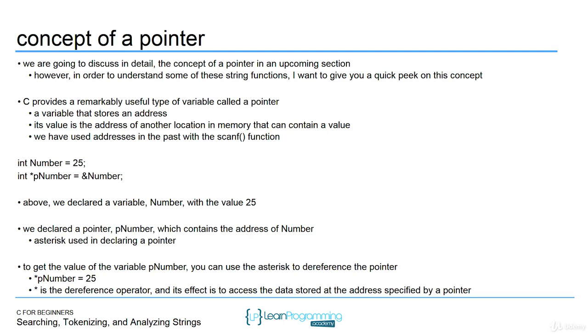That's how you can actually access the memory location that contains the value. So if you want to assign data to that memory location, you have to say star pNumber. Again, the effect is it accesses the data stored at the address specified by the pointer. So it becomes very confusing when we talk about pointers because you're not used to this concept. You think a variable has a value, that's it. But a variable can have an address, and the address can then have a value.